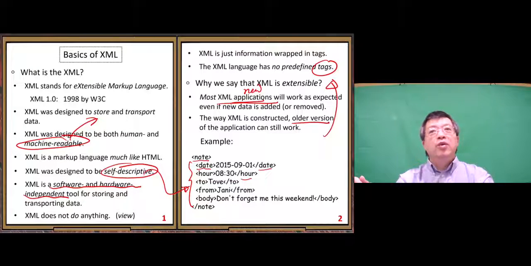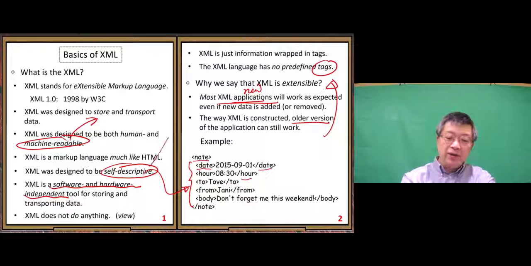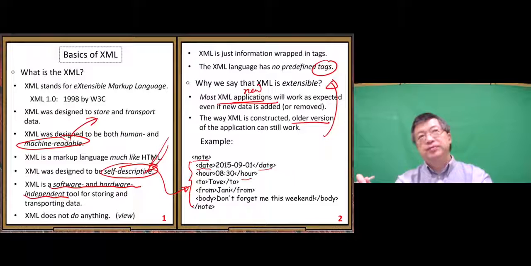People try to do that, but it does not mean you can always understand how to use the data through the tags. Sometimes, if people use special purpose tags, you don't know the meaning of that, right?